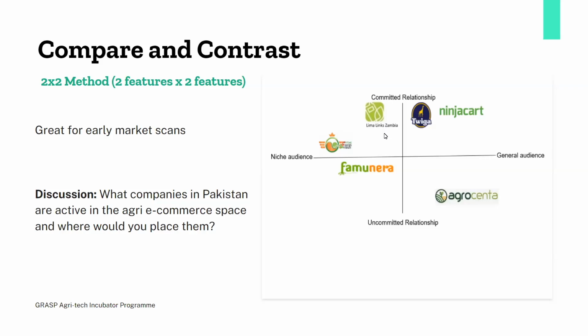And that helps them get into more formal relationships with their sellers, right? On the buyer side, because they're also more focused on the B2B side, they have longer term agreements with their buyers, and that makes a more committed relationship. So you see them higher on that chart.